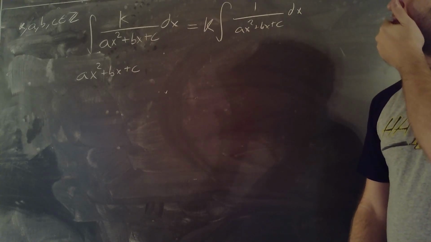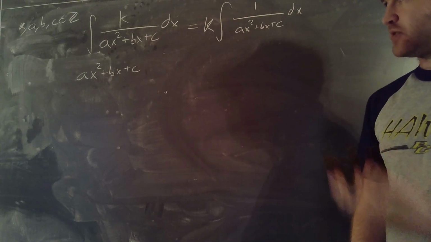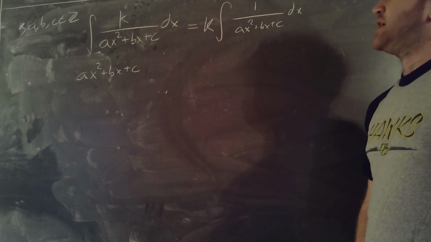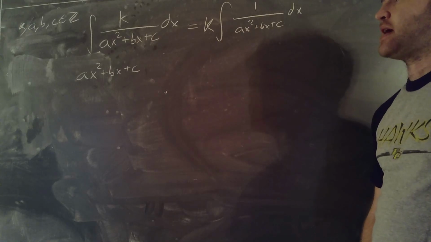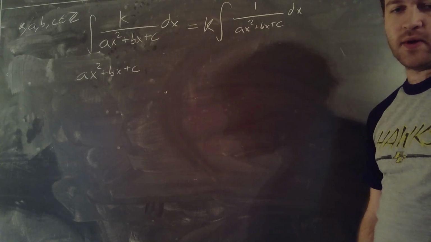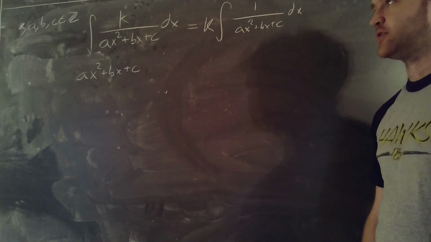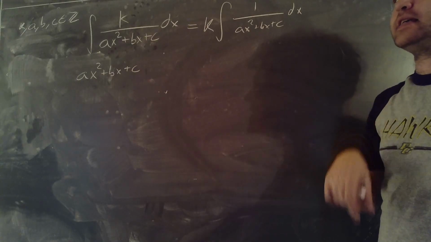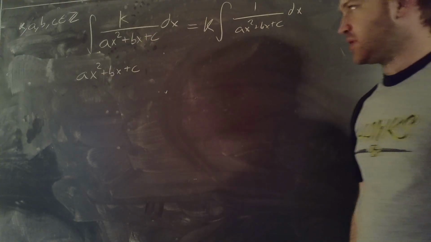And if this is irreducible, and this one is supposed to be irreducible, then it makes us think that we might be able to get this to look like one of the inverse trig derivatives. And the one that we're specifically trying to get it to look like is the arctangent derivative.